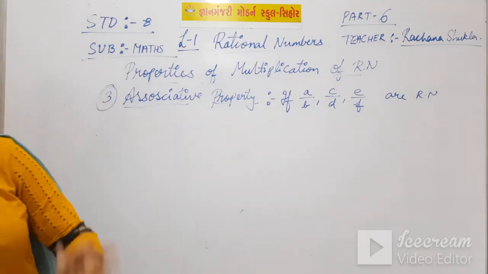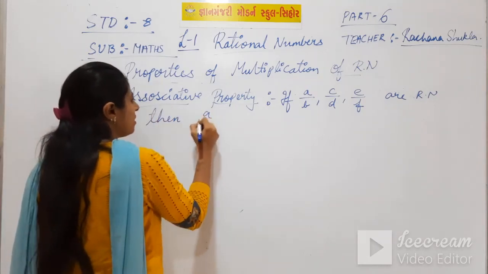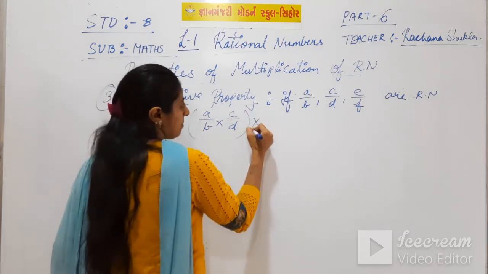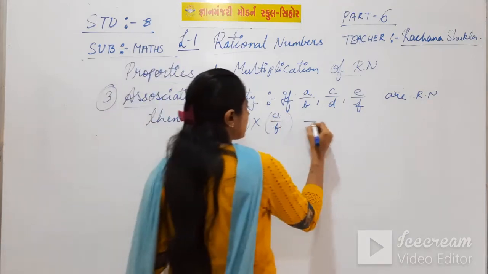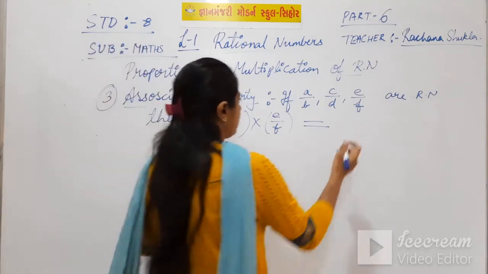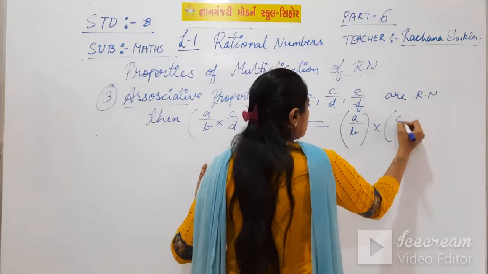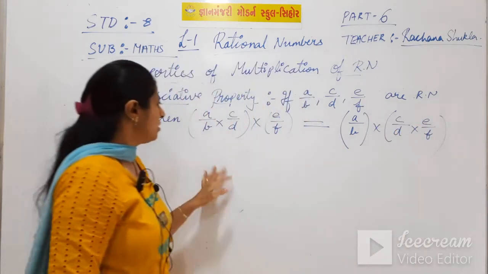We will take three numbers, then a upon b into c upon d, multiplied by e upon f, is equal to, now change the order, a upon b into c upon d into e upon f.